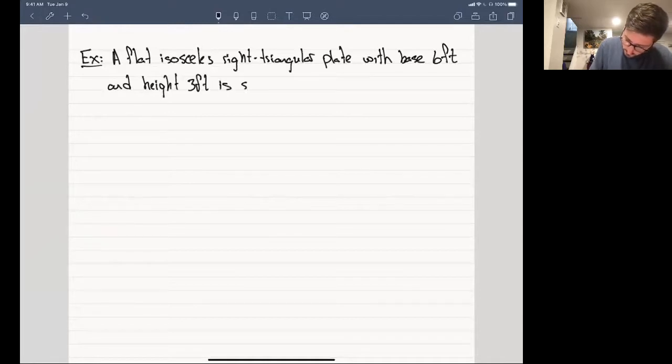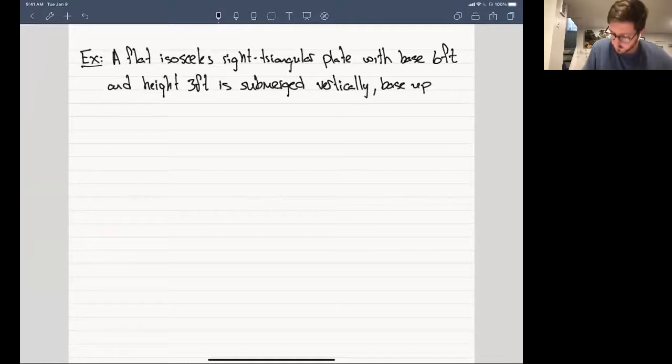is submerged vertically and base up 2 feet below the surface of a swimming pool.